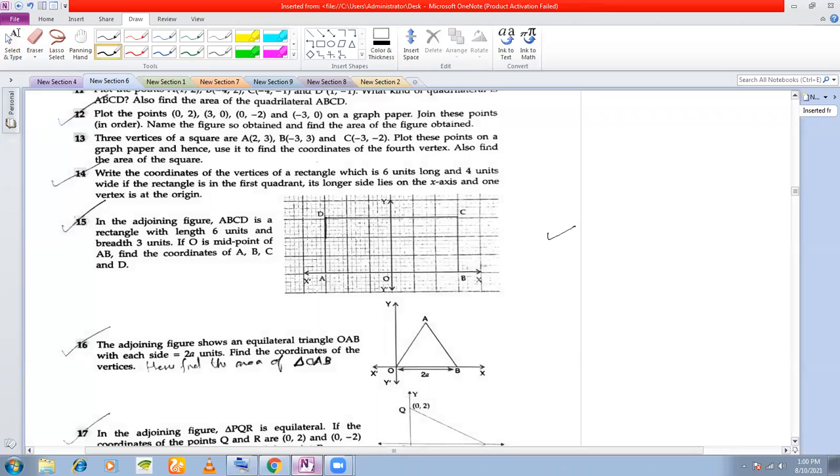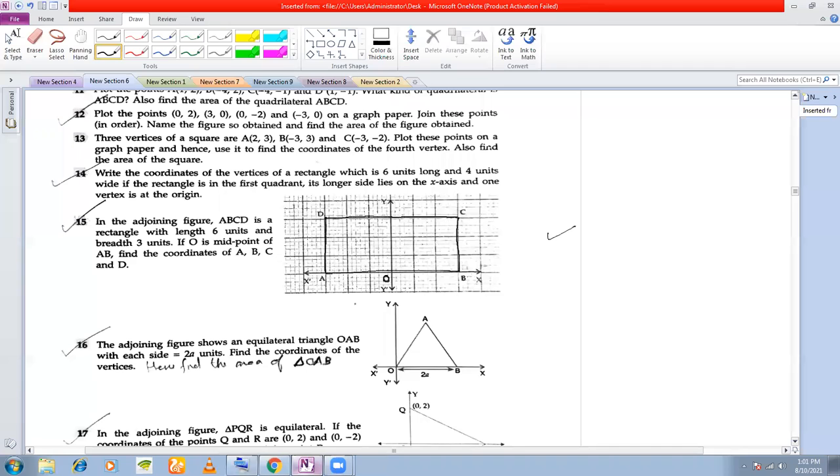Let me just shade the outline. This is a rectangle ABCD. This point is your origin. And vertically you have the y-axis and horizontally you have the x-axis.